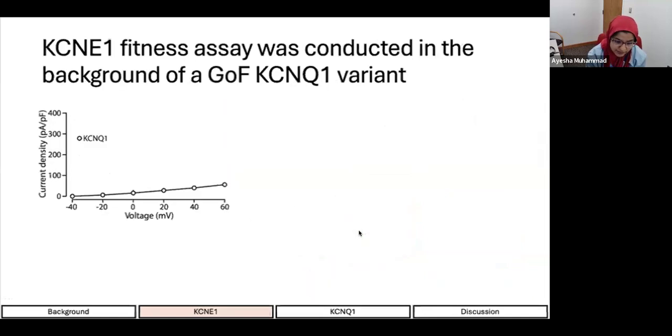Talking about the fitness assay, one of the challenges that we ran into is that if you were to look at voltage on the x-axis and the amount of current that passes through the KCNQ1 or the IKS complex on the y-axis, when looking at the resting potential of the cells in which we conducted these assays, which is around -30, you'll see that there's a very small amount of current that passes through the cells.